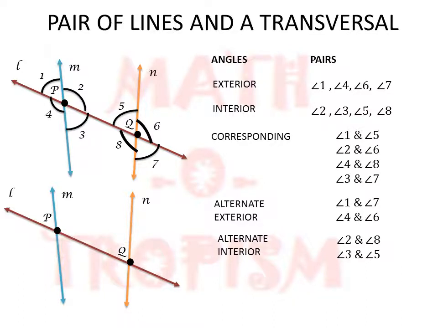Finally, co-interior angles. We know co-interior angles are interior angles which are on the same side of the transversal. So the interior angles above are 2 and 5, and below are 3 and 8. So the co-interior angle pairs are angle 2 and angle 5, and angle 3 and angle 8.